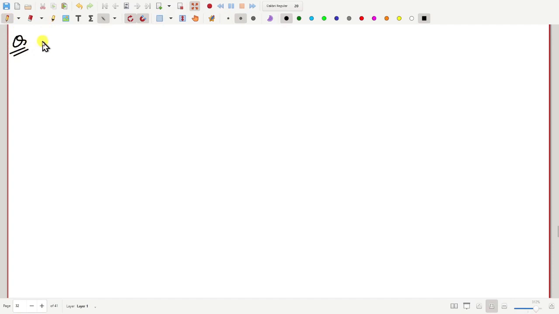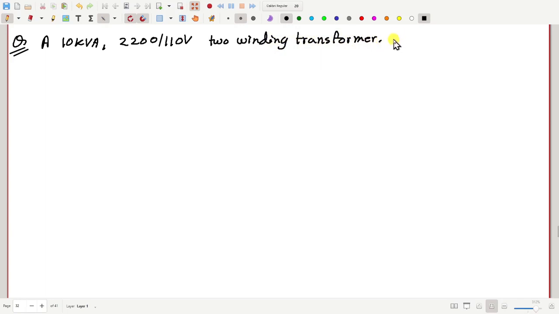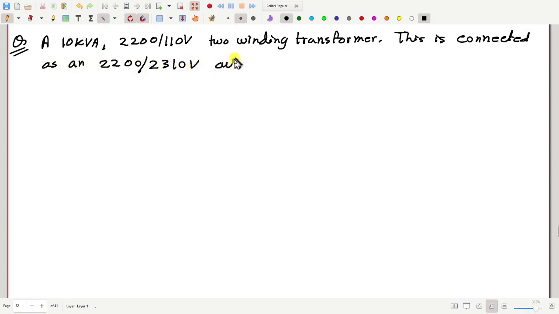The question is as follows. We have a 10 kVA 2200 by 110 volt two winding transformer, two coil transformer, and this is connected as a 2200 by 2310 volt auto transformer.